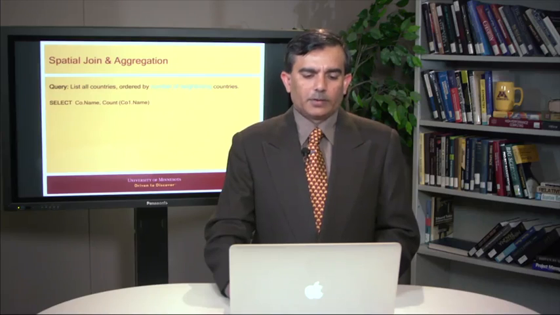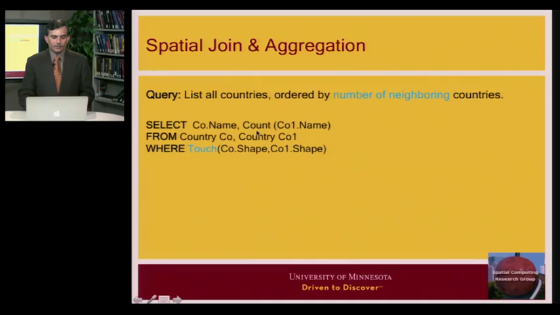All right. So we are basically starting with the country table, 2 copies of that. You are going to join it using the touch operator. We saw that before. The new part here is the group by. So you take the first country and form groups by that, so the first copy of the country table. And by doing that, you are collecting neighbors of a country together. Okay. And once you have done that, then you compute the statistical function count, and then you can sort it by count. Okay.